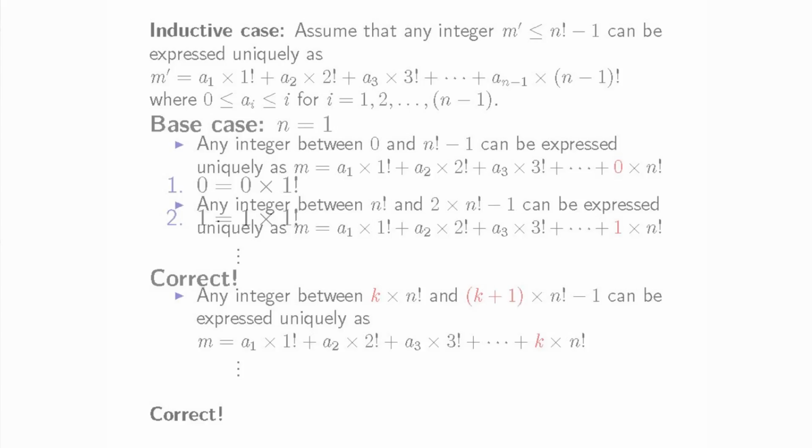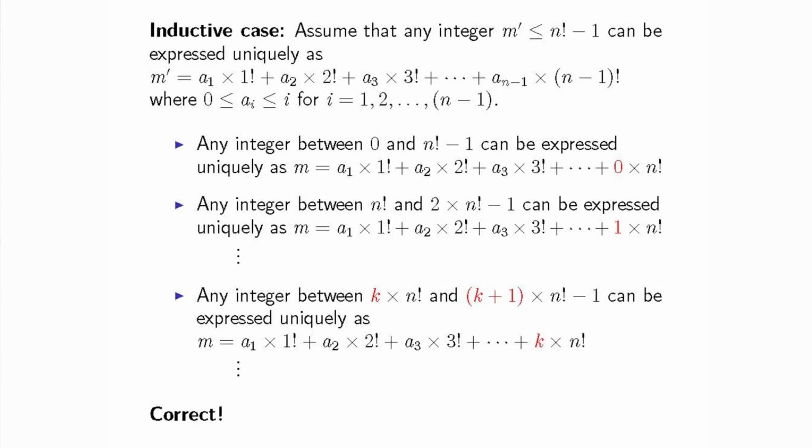This case is true. Then for the induction case, assuming for any integer n prime which is less than or equal to n factorial minus 1, we want to prove the n minus 1 cases. We assume that the n minus 1 case is true, can be expressed uniquely in this form.